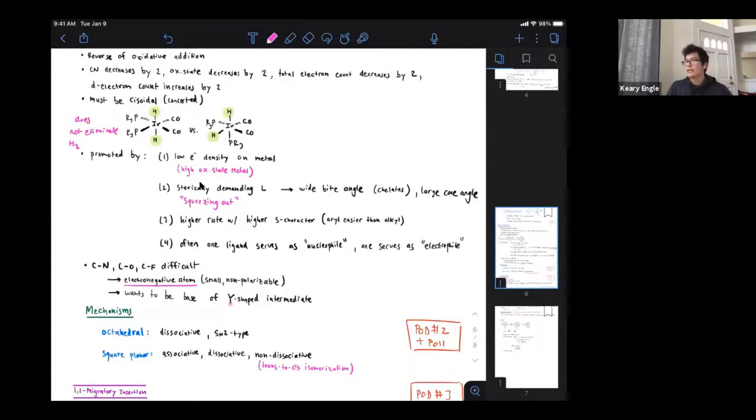And then a key trend is that groups that have higher s character, so things that are sp or sp2 hybridized, tend to be easier to reductively eliminate.